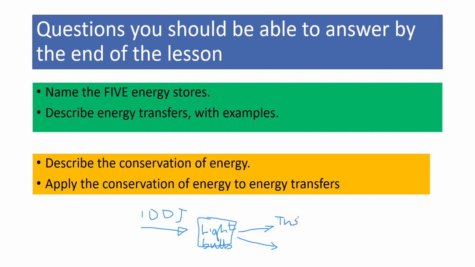Let's assume that light bulbs that are not efficient produce a lot of heat. So let's assume that you get 80 joules here, and the light is going to be 20. It cannot be more than 20. Why? Because the energy that was put in was 100. So the total amount of energy that comes out should be 100.